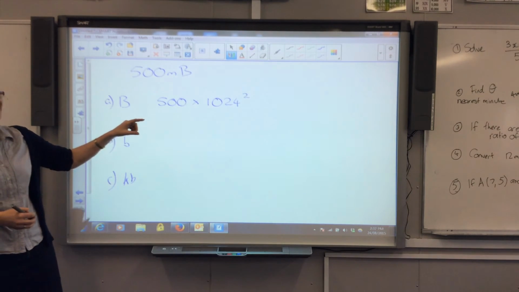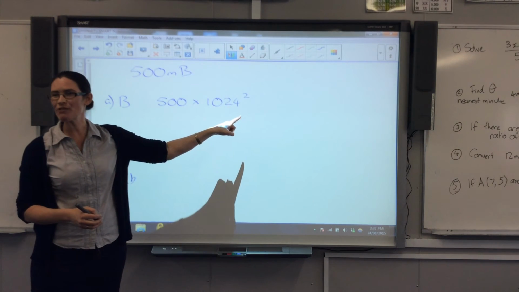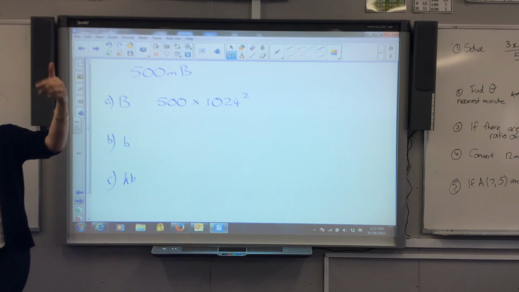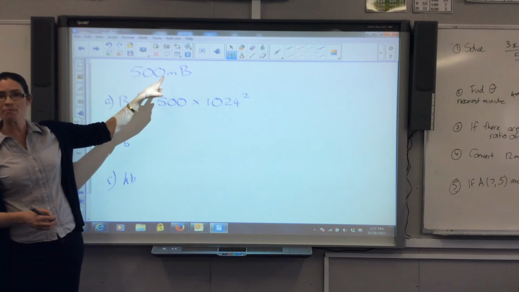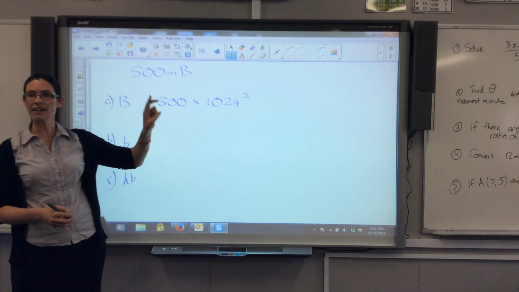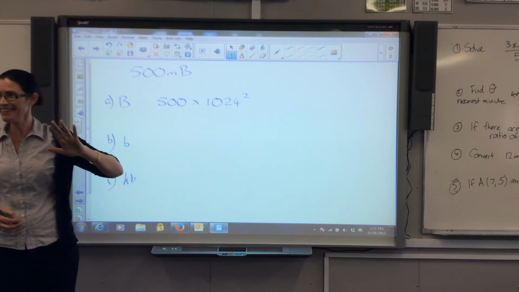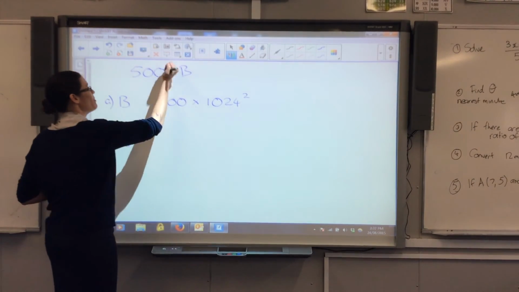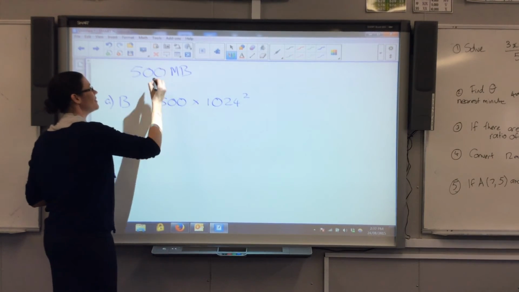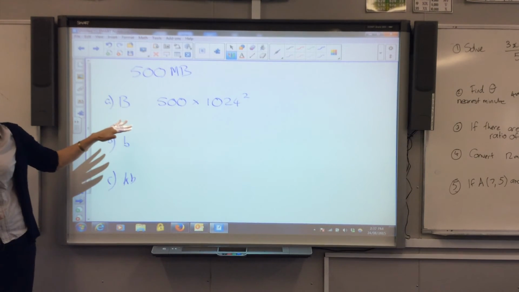We don't want that. Timesing by 1024 times by 1024 again. Why did I have to do it twice? Because you're changing it from megabytes to bytes, so mega to kilo and kilo to bytes. We got it? It's 1 million and 48. Where are the bits coming in? We're not up to bits yet, we're just doing bytes.